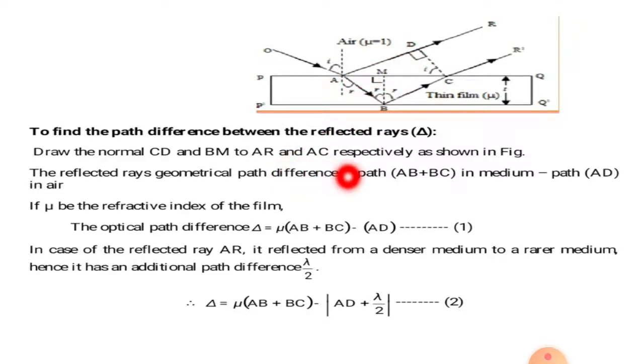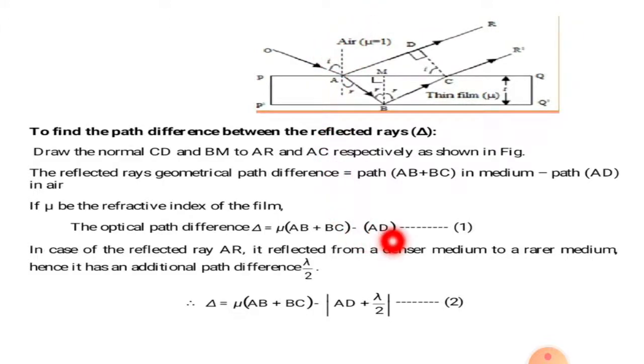Here, the second refracted light beam travels completely in the thin film with refractive index mu, so we consider its refractive index mu. So the path difference is equal to mu times AB plus BC, minus AD. AD is the path traveled by the first reflected light beam, which travels completely in the air medium. For air, the refractive index mu is equal to 1.